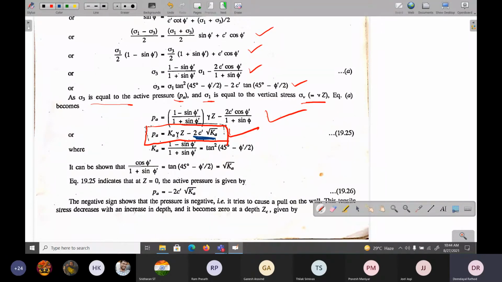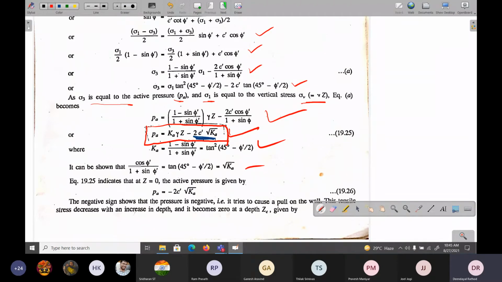Here minus 2c dash root Ka is the extra term. What is Ka? It is 1 minus sin phi by 1 plus sin phi. Already we have seen how it came to the Ka.